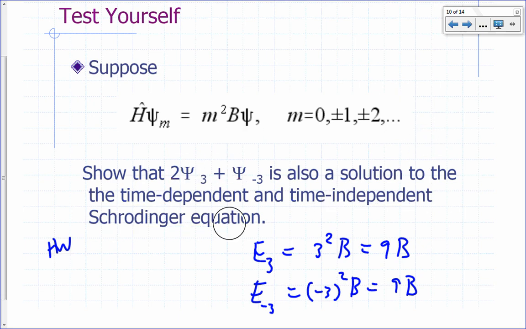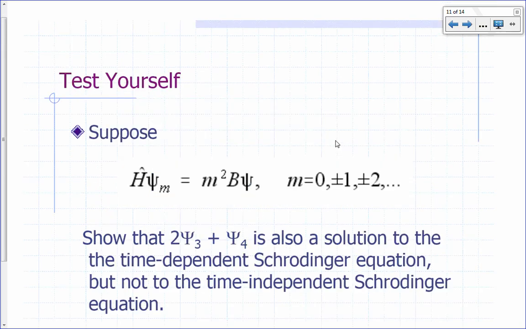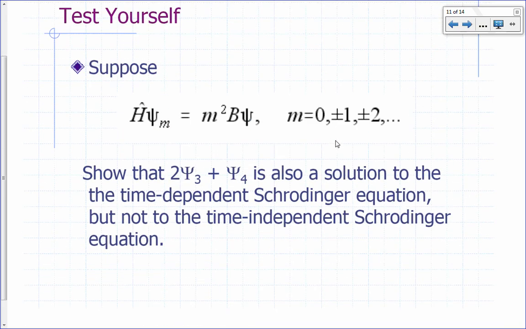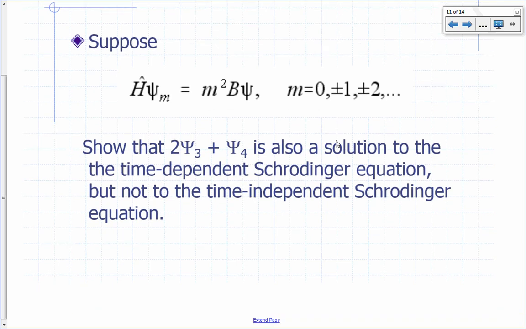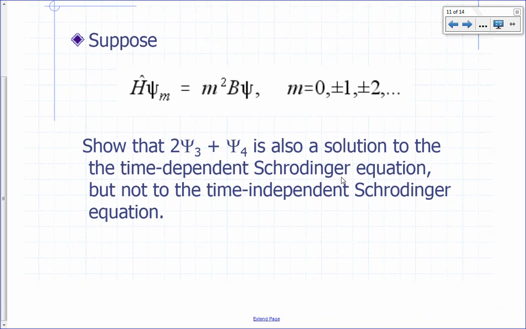Okay, so homework. And this is more of the same, except that in this case it is a linear combination of non-degenerate states, right? What is E3? 9b. What is E4? 16b.